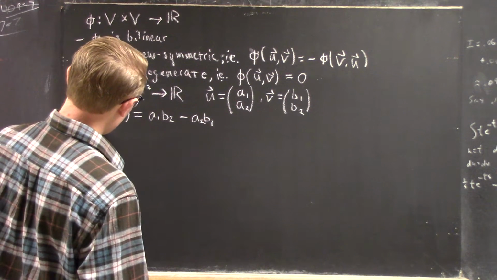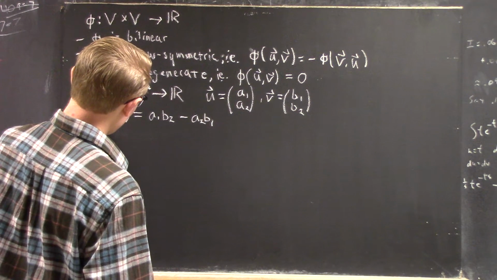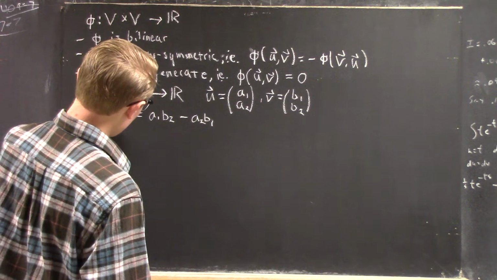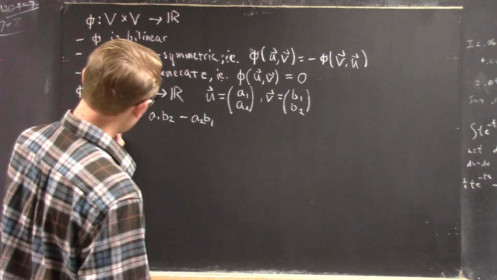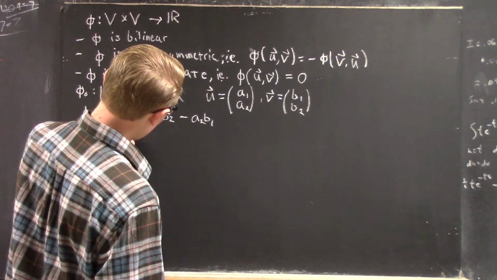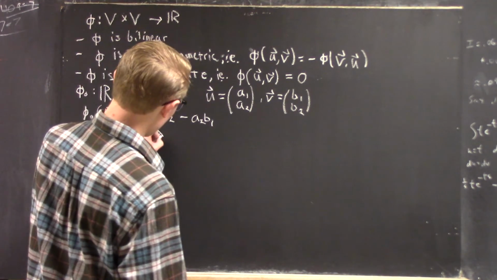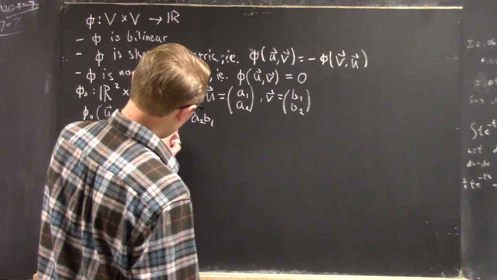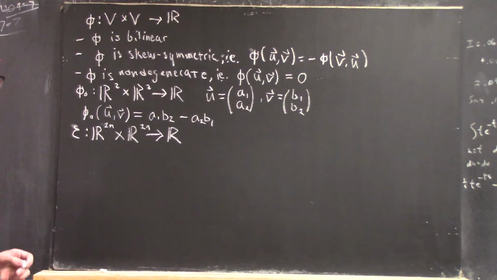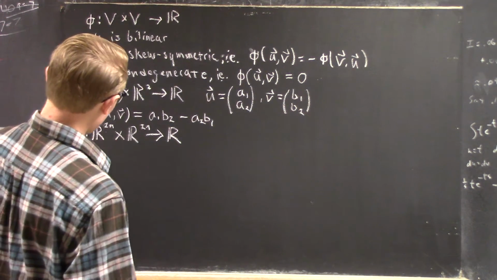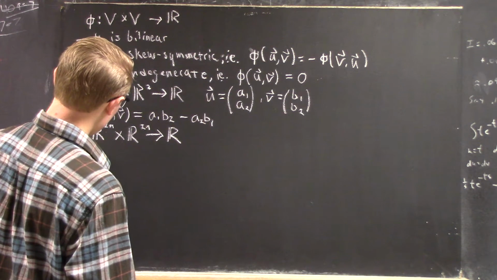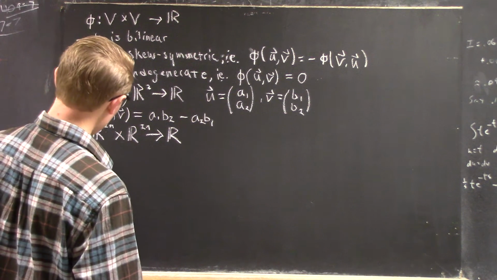Say that epsilon is R2n cross R2n to the set of all real numbers, where epsilon takes two vectors.